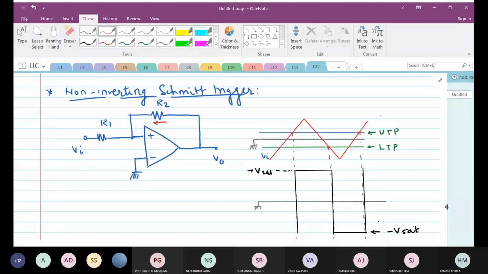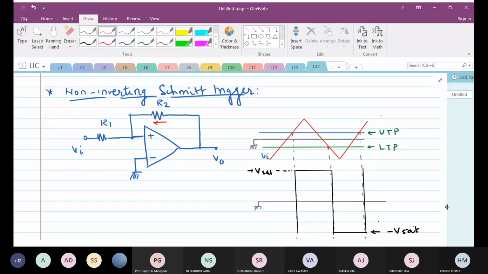Here in this case, R1 is simply UTP divided by I2, which is 0.5 volts divided by 50 microamperes. That gives me 10 kilo ohms, a standard value, so no problem with that. What about R2? R2 is output voltage by I2.